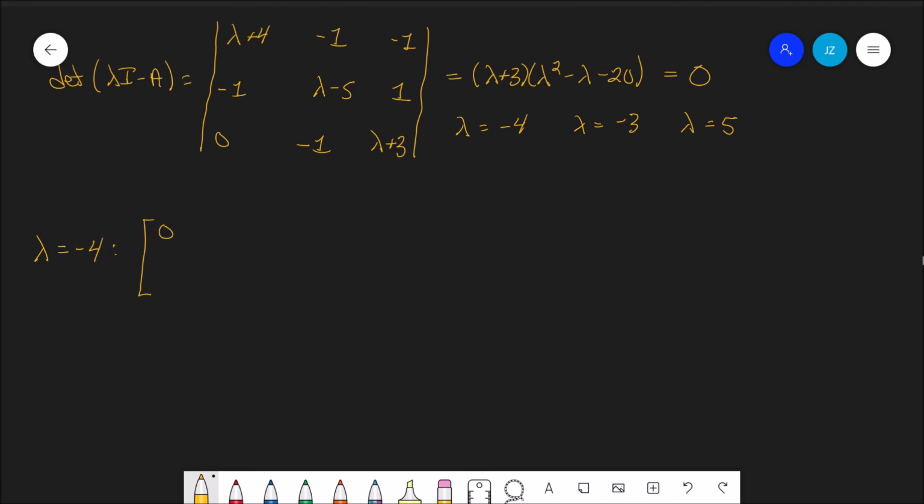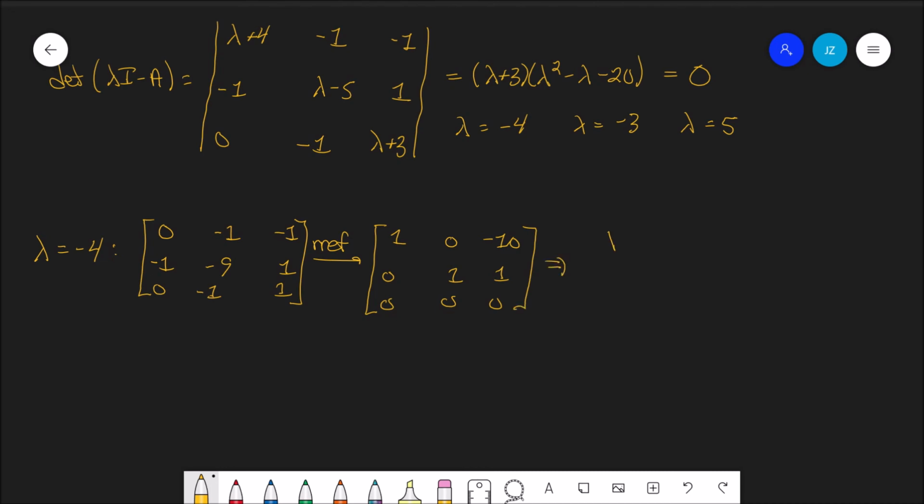So if we look at lambda equal to negative 4, we'll get the matrix 0, minus 1, minus 1, minus 1, minus 9, 1, and then 0, minus 1, minus 1. If we row reduce this, let's keep it with the variables that we have. So x is equal to 10z, and y is equal to negative z.